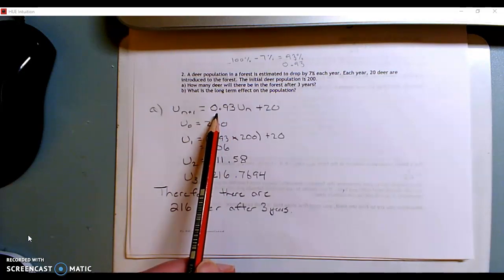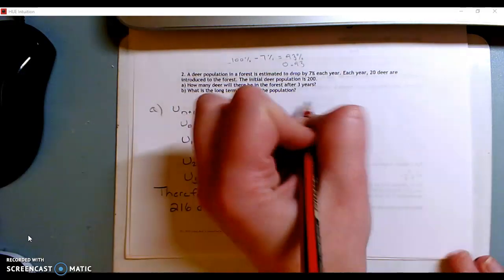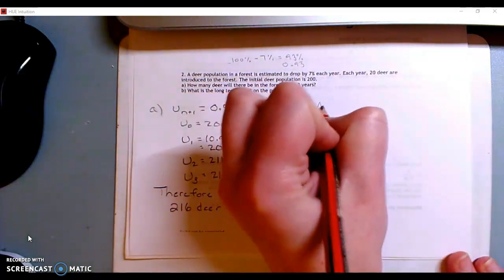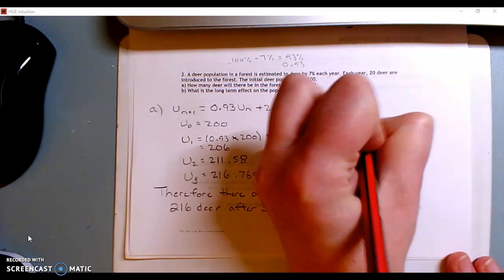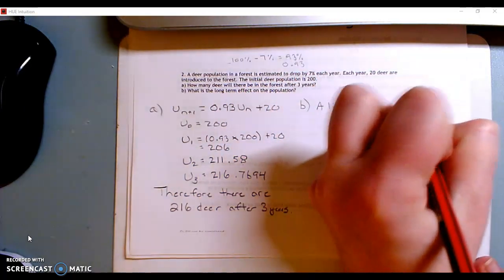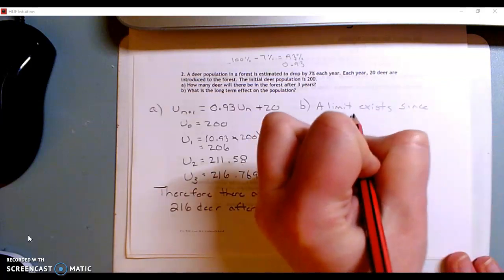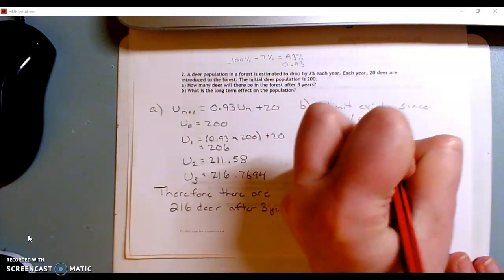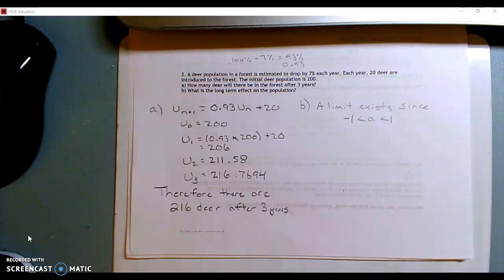That is a value between -1 and 1, so a limit does exist. So for part B, a limit exists since A is between -1 and 1. So we have to write that statement. Now we'll use the limit formula.